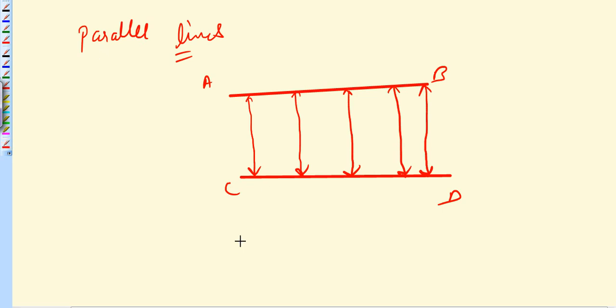Just like now this line and this line. So these two lines are not parallel here, because as you can see here, the distances keep on decreasing.